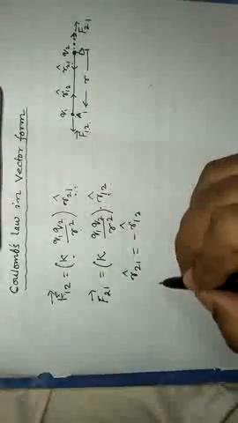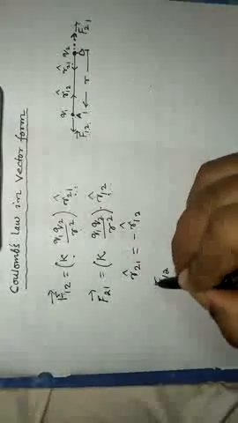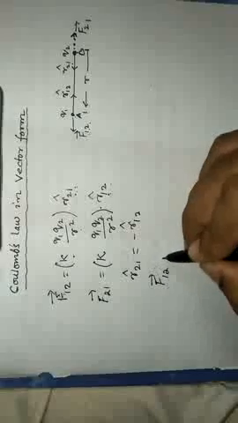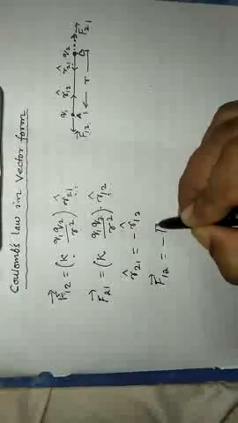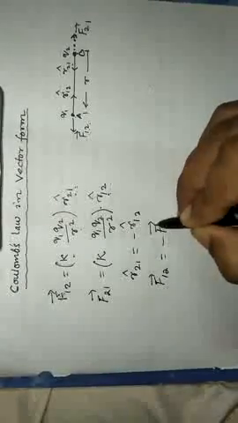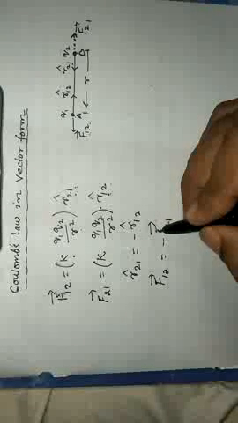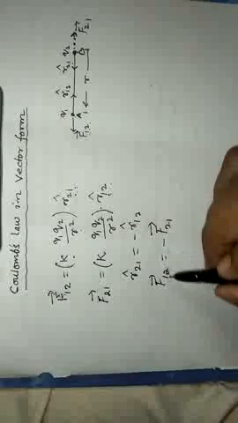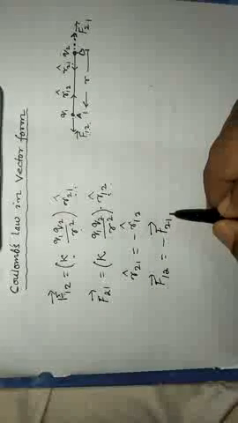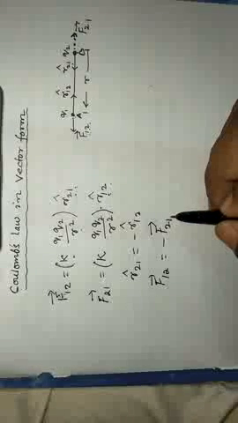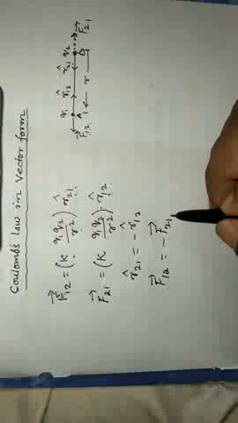So this implies that F12 bar is equal to minus of F21 bar. Thus, the forces exerted by two charges on each other are equal and opposite. Clearly, Coulomb's law is in accordance with Newton's third law of motion, which states that every action and reaction are equal and opposite.